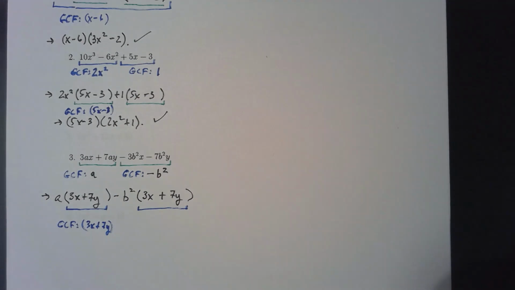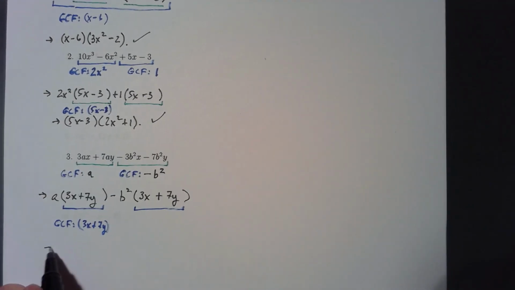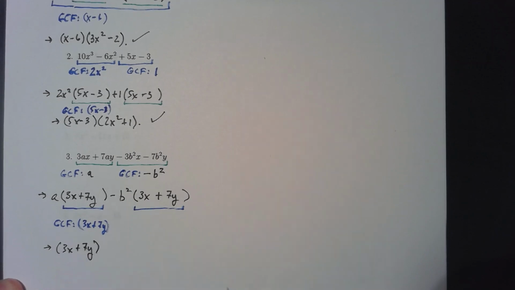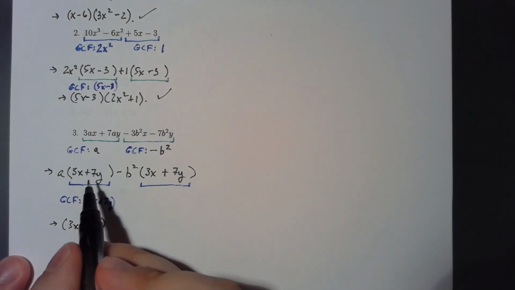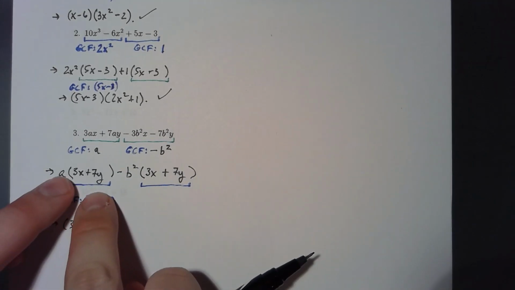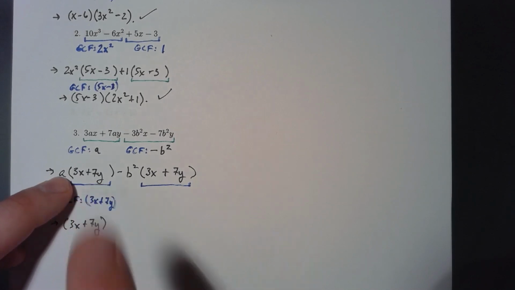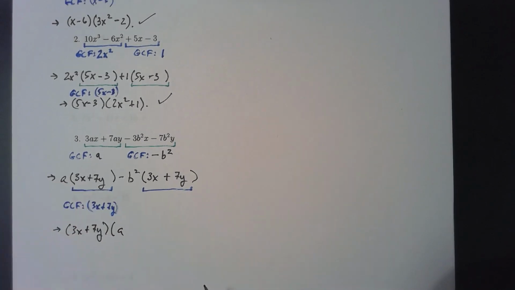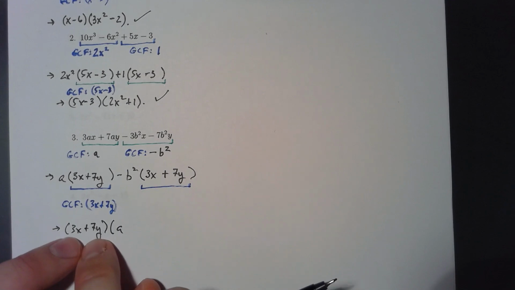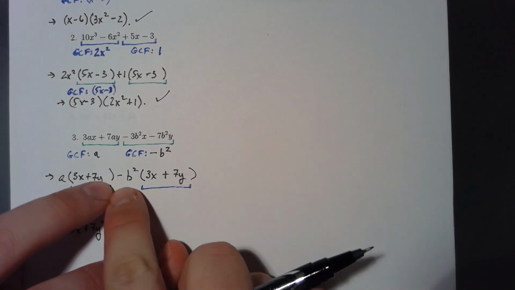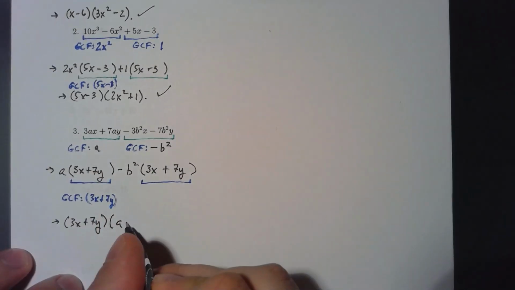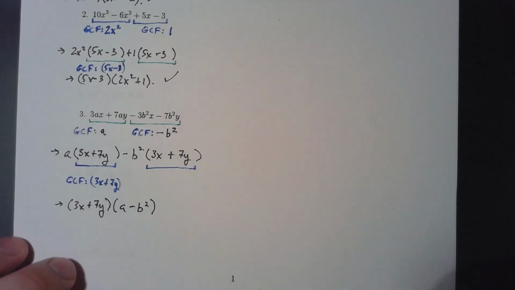But yeah. So now when I factor that out of the whole thing, so 3x plus 7y out of the whole thing, when I factor this out of here, what's the missing term? A. Right? Now when I factor this out of here, what's the missing term? The minus b squared. And that's it.